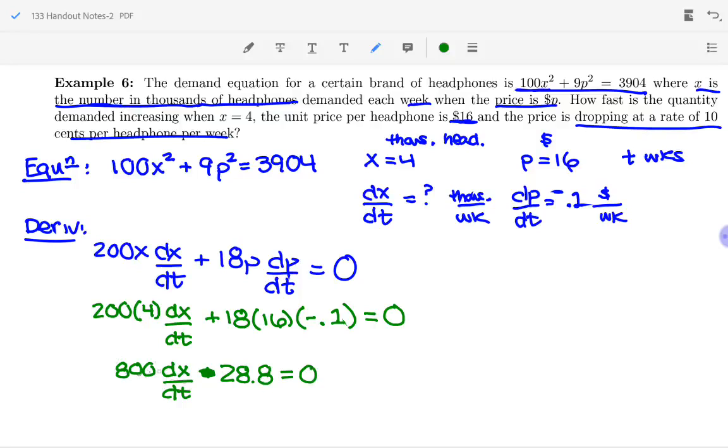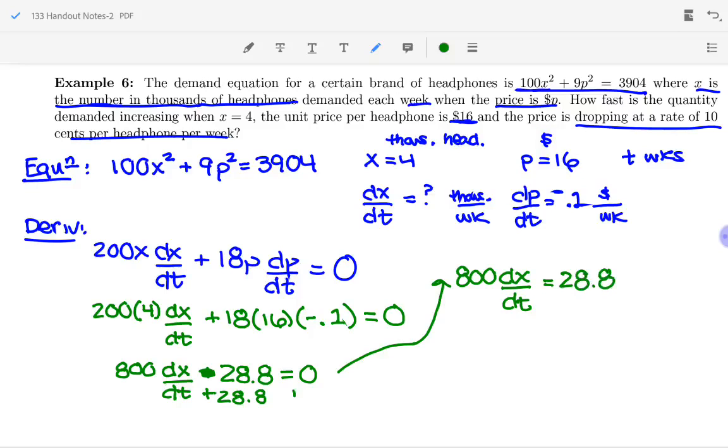This looks like a linear equation in mx plus b. So I'm going to add 28.8 over to get rid of that negative 28.8. I'm going to bring it up here. So I have 800 dx dt equals 28.8, because I would add it to both sides. And then I want to get dx dt by itself still, so I divide by that 800. So I want to do 28.8 divided by 800.